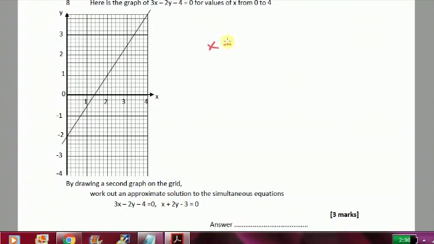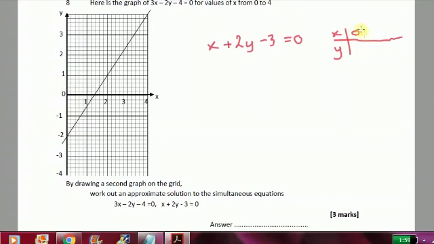So the first one in those two equations is just the line that we've already drawn. So all I've got to do is try and get the second line. So I'm doing x plus 2y minus 3 equals 0.